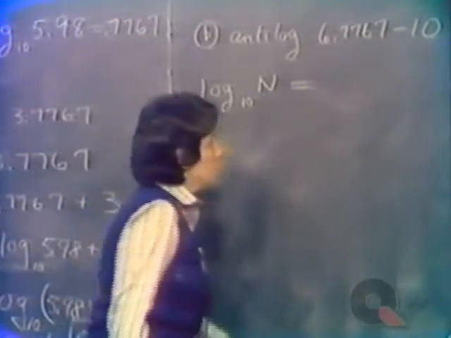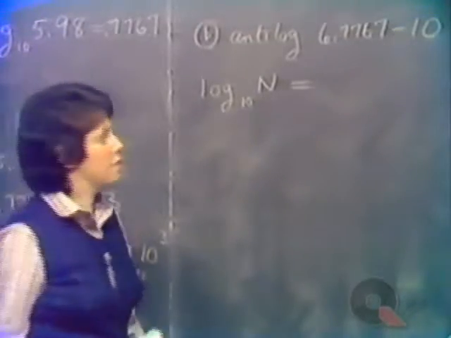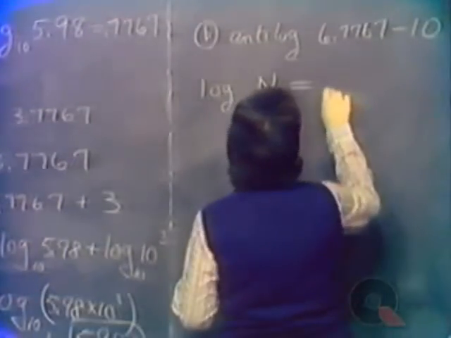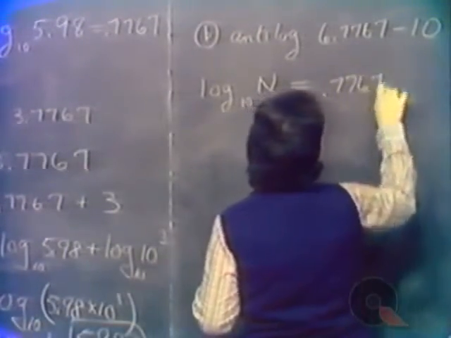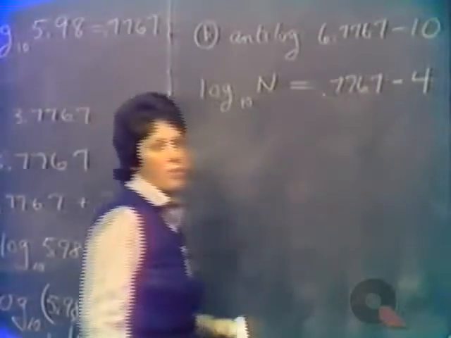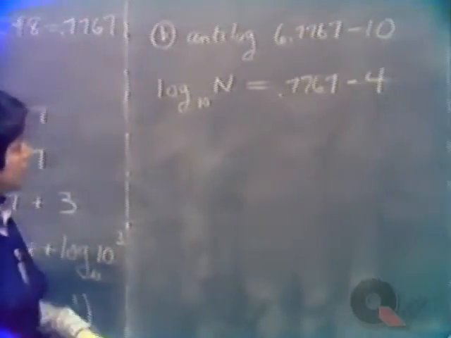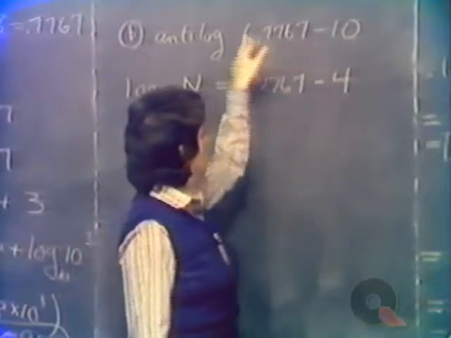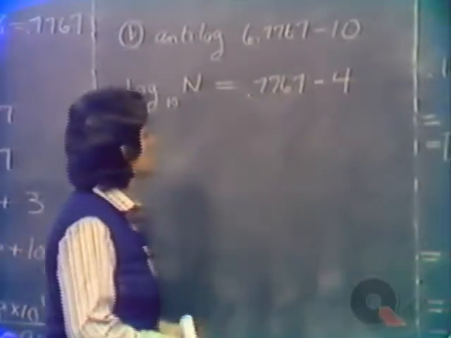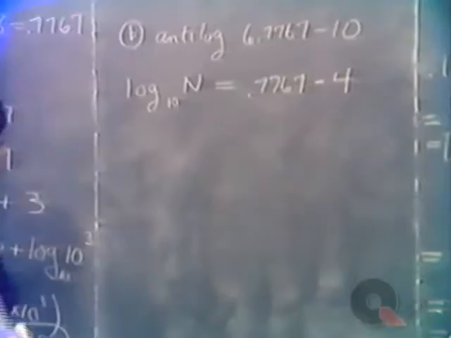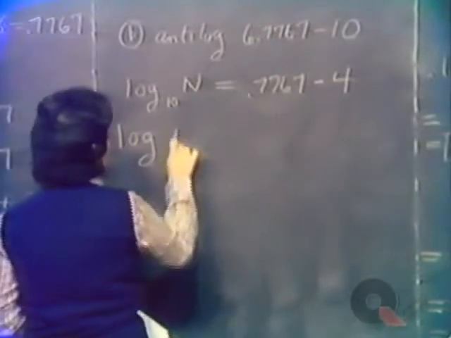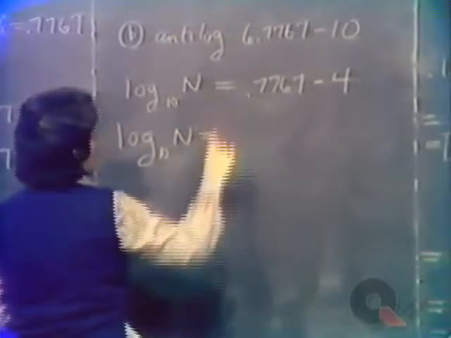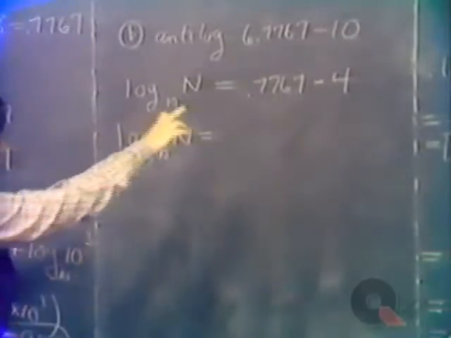And we can start by saying 6.7767 minus 10 is really 0.7767 plus 6 minus 10, or 0.7767 minus 4. And then we can say, well, the log of n is this minus this.